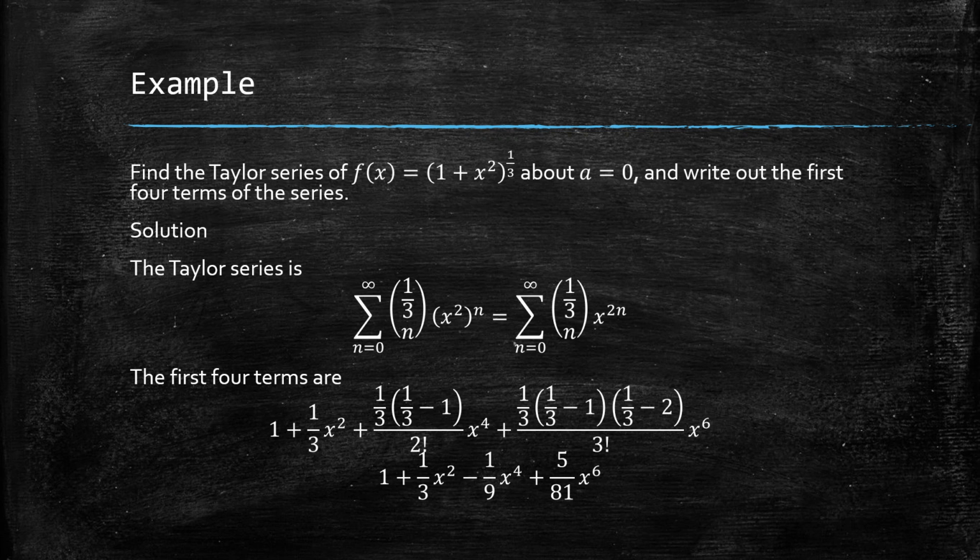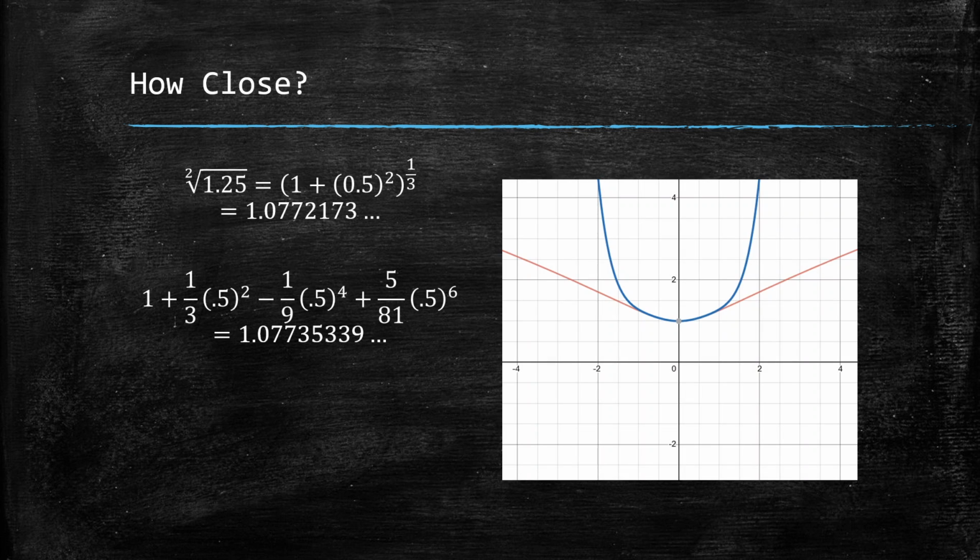Now, just how good of an approximation is this using these first four terms? Well, let's look at it two ways. First, let's look at the graph on the right, where the graph in red is the graph of the function, 1 plus x squared, that quantity raised to the 1/3.